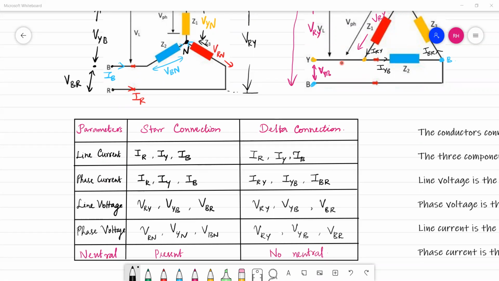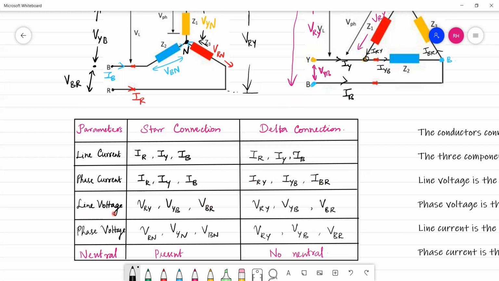Whereas in a delta connected system, the line currents are IR, IY, IB. So here you have current IB, here we have current IY. This current goes to this point and you have two different points, right? And we know this point is Y and this point is B, and hence the current that flows through the component is labeled as IYB. Similarly, IBR and IRY. So the phase currents of a delta connected system are IRY, IYB, IBR.